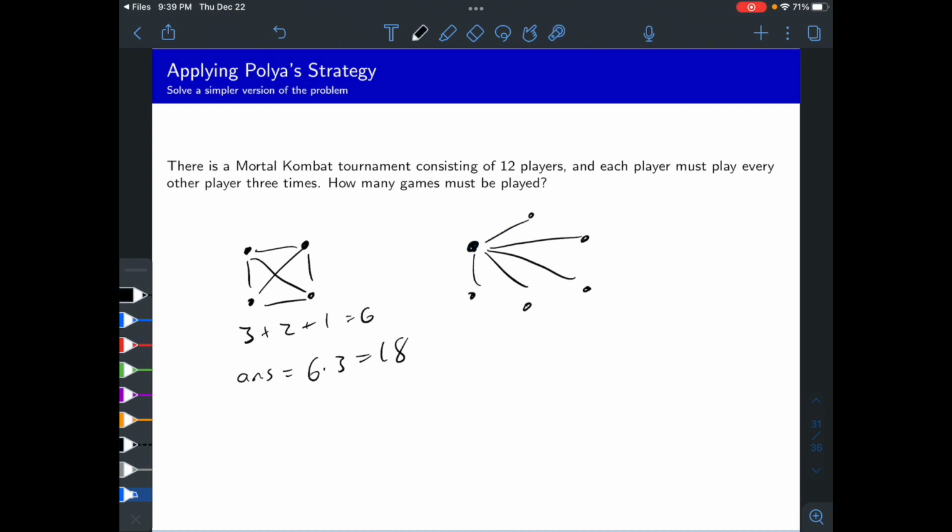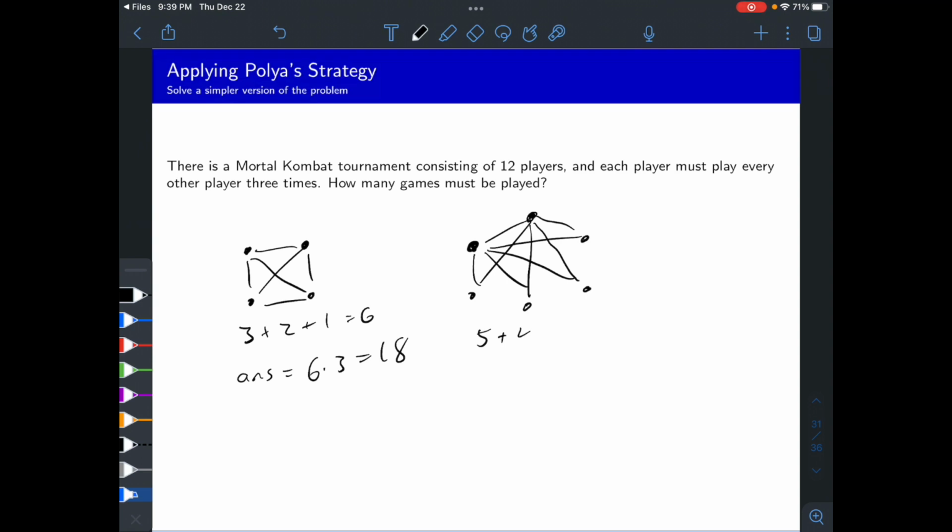Player 2 has already played player 1, so they'll play players 3, 4, 5, and 6. That's 4 more. So just keeping track, player 1 had 5 matches, times 3 in the end.